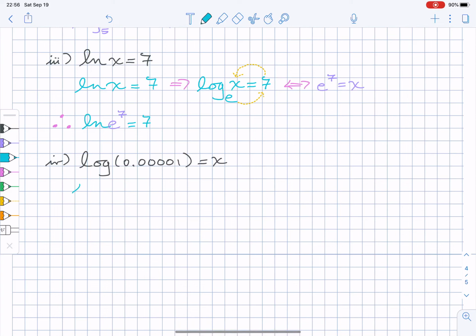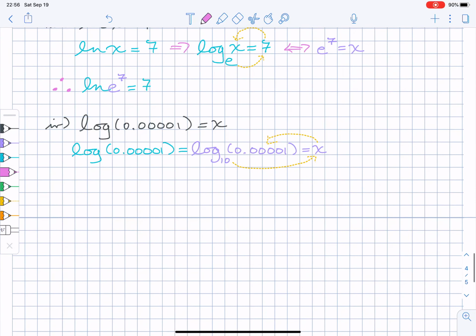Okay, so log 0.00001 is equivalent to log base 10 of 0.00001. See, 1, 2, 3, 4, 5 zeros, then 1. That's equal to x. So now I can change from logarithmic to exponential form.